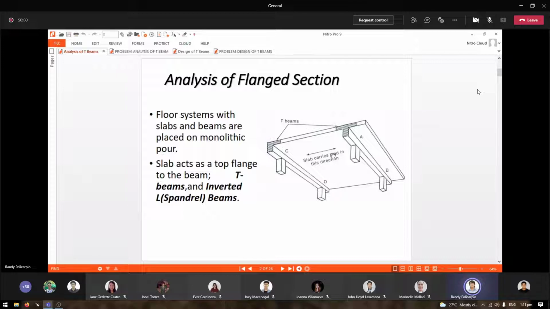One half of the slab will be distributed on the right side beam, while the other one half will be transferred to the left side beam. So there's a possibility of behaving the beam as a T-beam. Usually sabi ko nga sa inyo, nag-occur to kapag malalapit yung ating mga beams, at one way yung ating transfer of load sa ating slab.